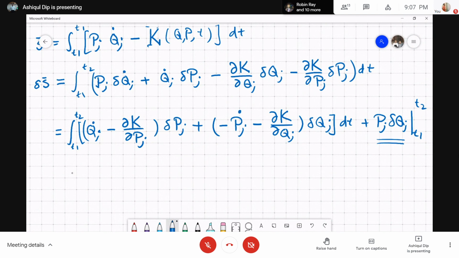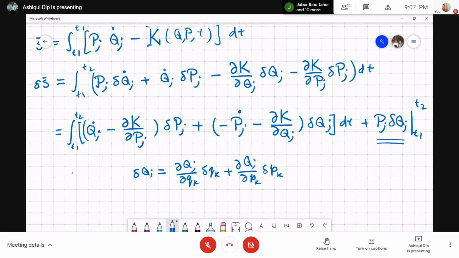So in terms of coordinates, the variation of Q_j is ∂Q_j/∂q_k times the variation of q_k, plus ∂Q_j/∂p_k times the variation of p_k.